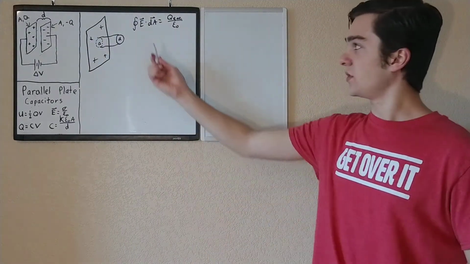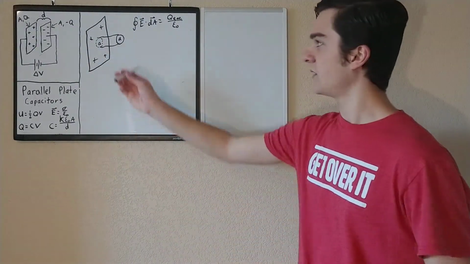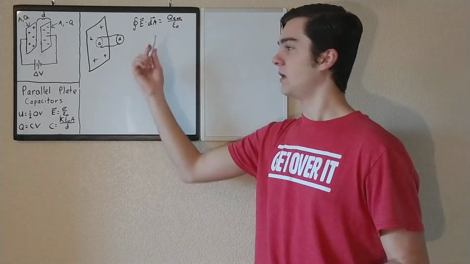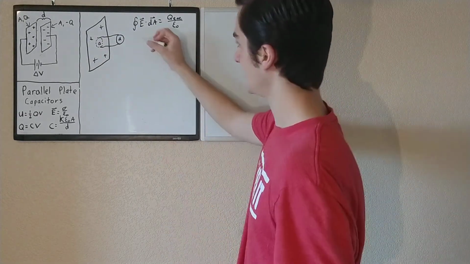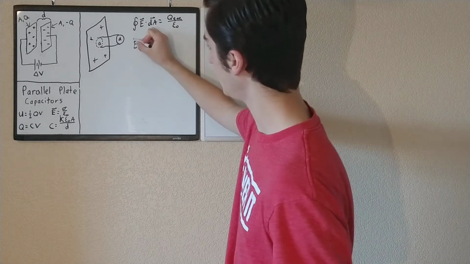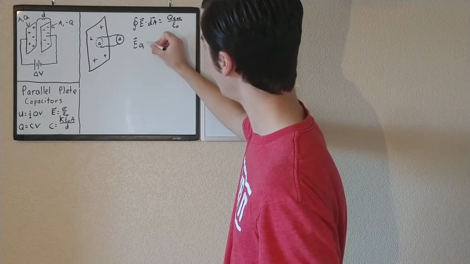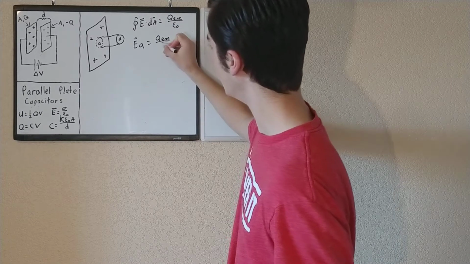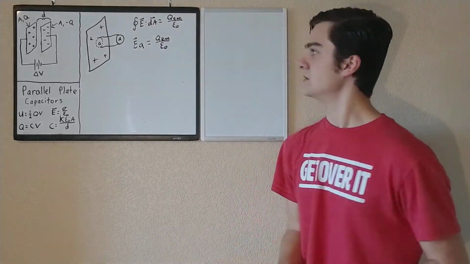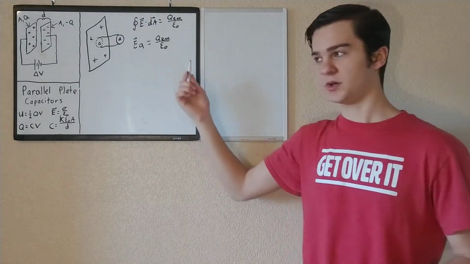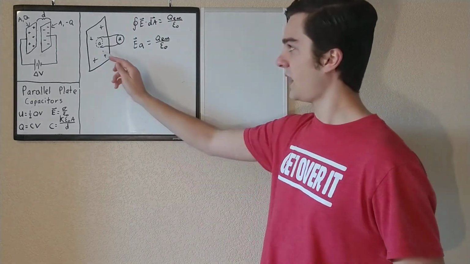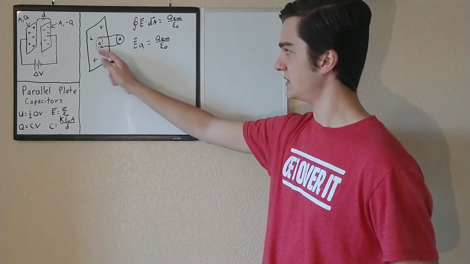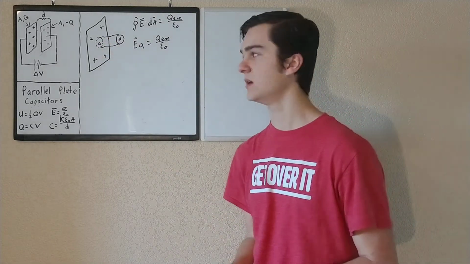First off, looking at this closed integral, since our electric field is perpendicular to the surface and constant across it, electric field's going to go away, and we're just going to be left with electric field times the area of that end cap equal to the Q enclosed over epsilon naught. Now we look at the charge enclosed, and all the enclosed charge is going to be on this inner circle right there.